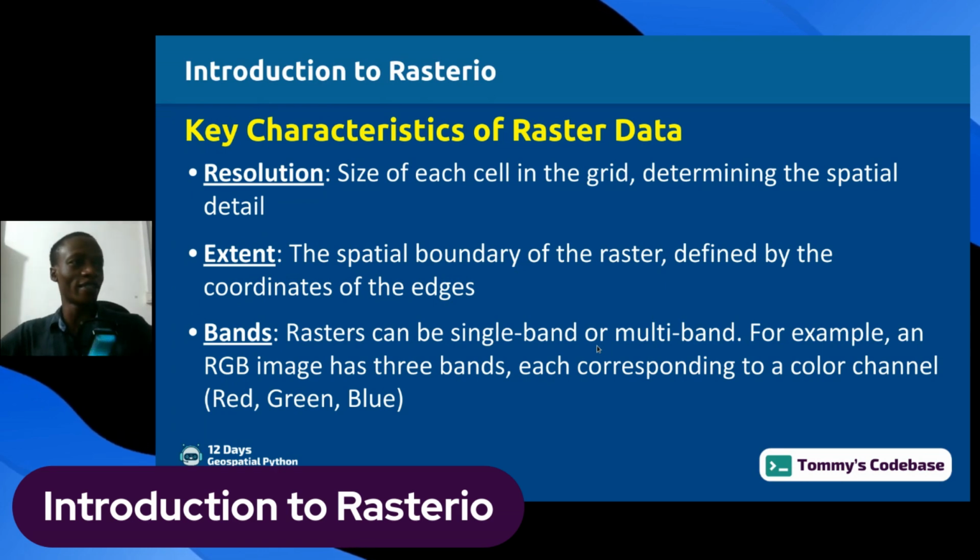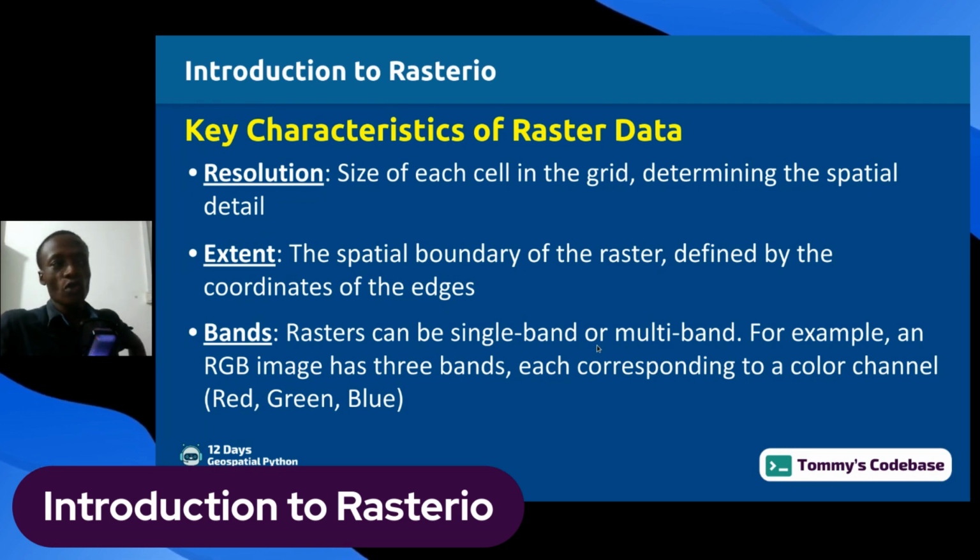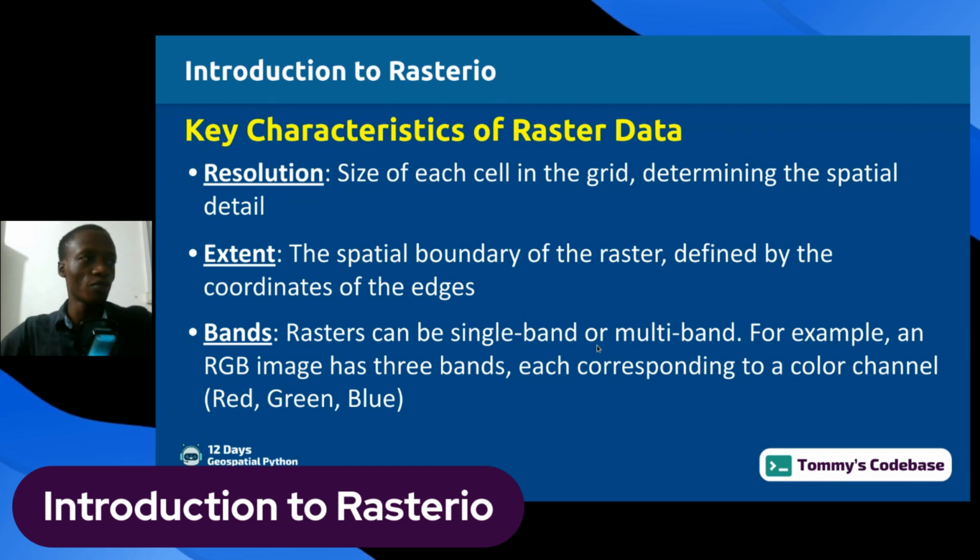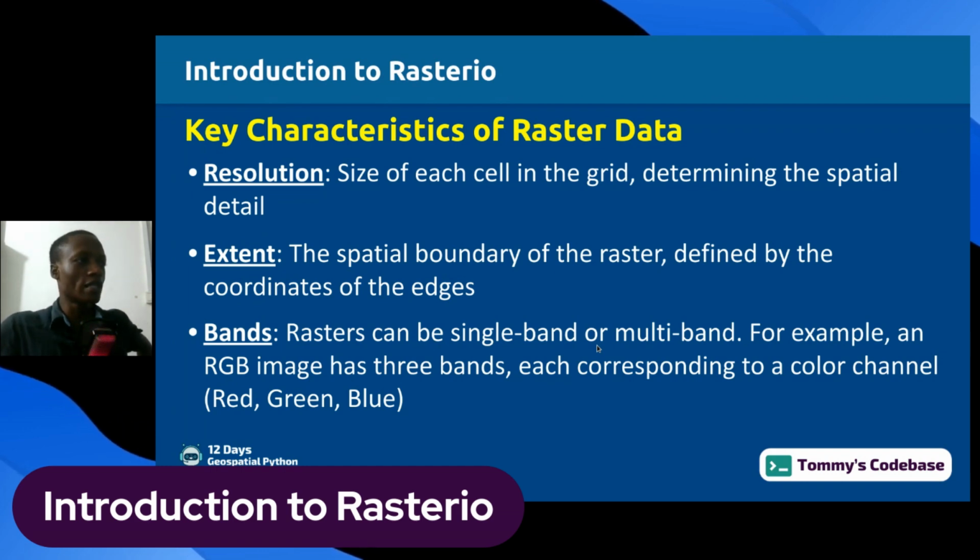It can be a single band or multi-band, where multiple bands have been stacked together, and you can separate them into individual bands. So, for example, if you have an RGB image, that raster data has 3 bands: red, green, and blue.